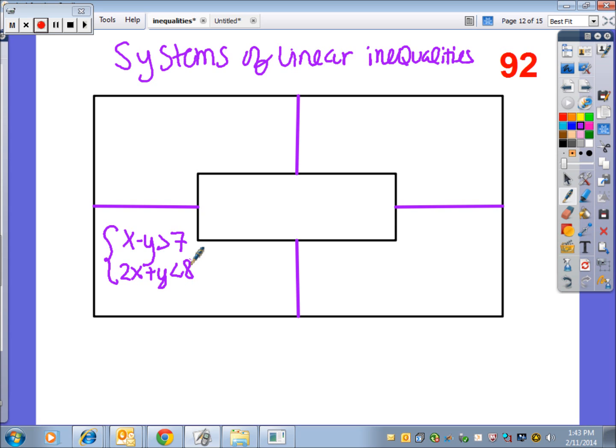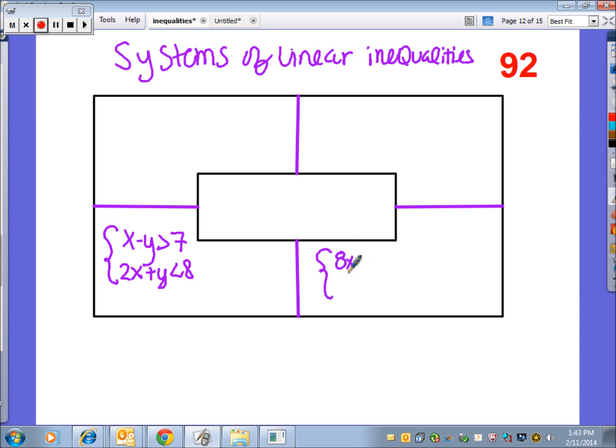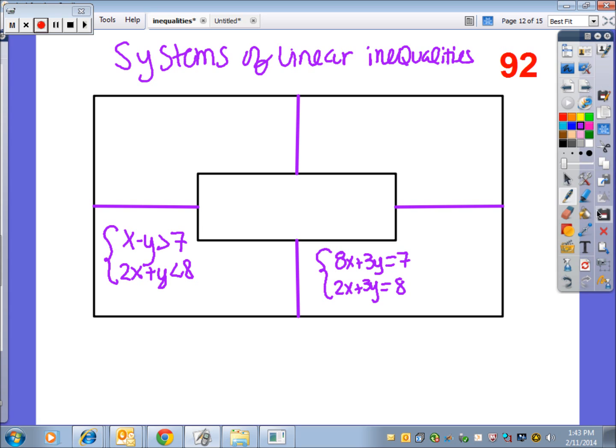Non-examples of linear inequalities would be, ooh, that's not very pretty, 8x plus 3y equals 7, and 2x plus 3y equals 8. This is not an example because these are not inequalities.